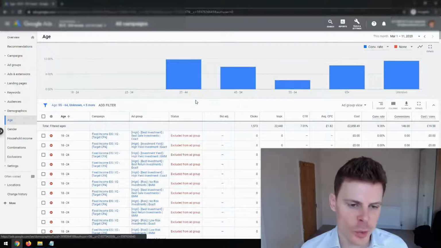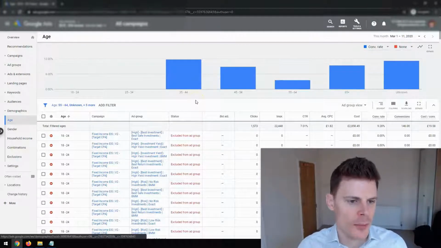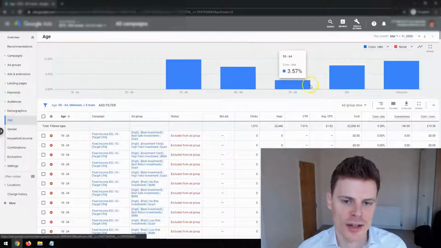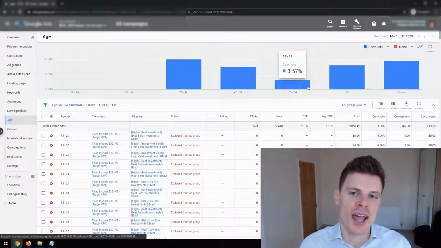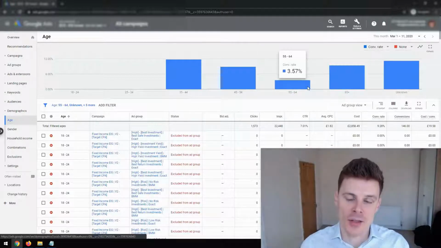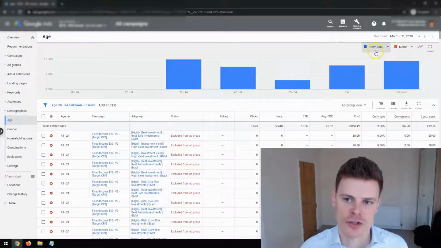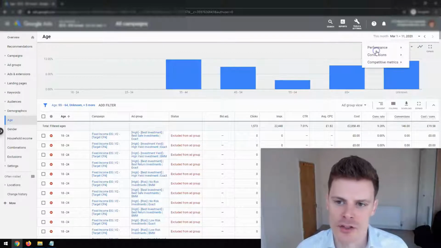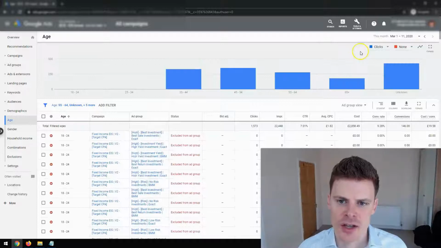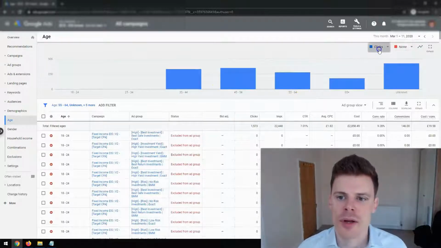So you can see straight away that we can see a bar chart here, which gives us an indication of how each age group is performing within our campaign, looking at a particular date range. So this date range is of this month. You can look at conversion rate, you can look at clicks, so you can see where the clicks are coming from.